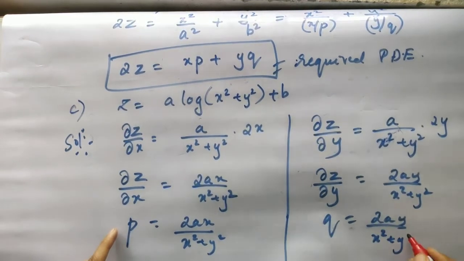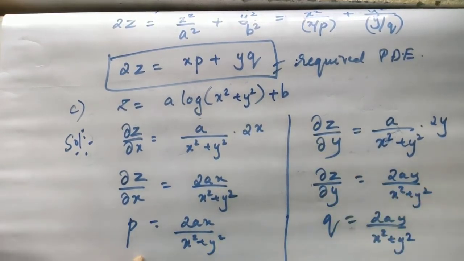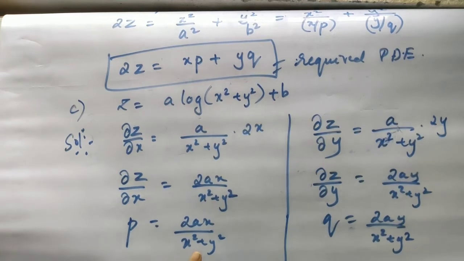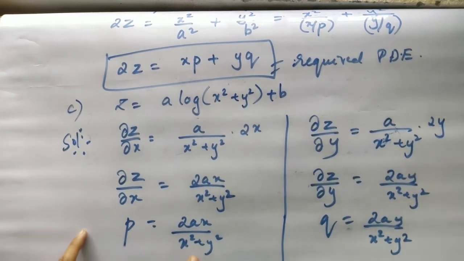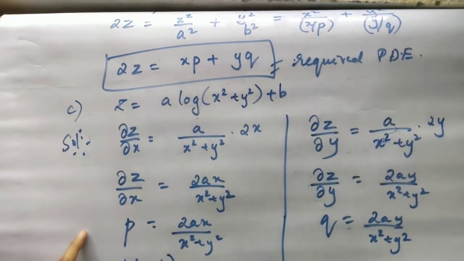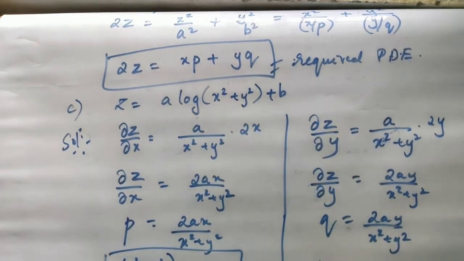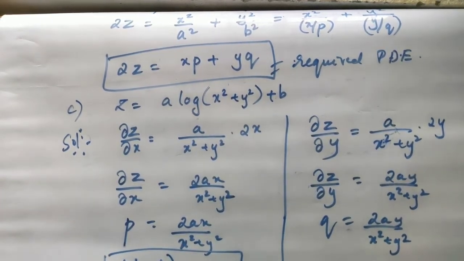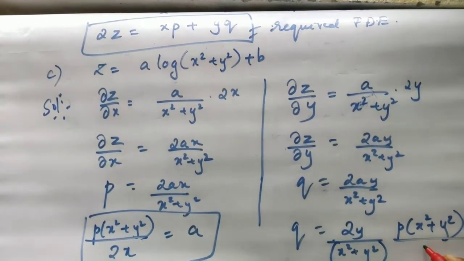So you have to eliminate a now. B is already eliminated. You have to just eliminate a. So for that, I'll take this to the left hand side. So p into x square plus y square divided by 2x is equal to a. Just see from this equation. This value of a I'll substitute here. So it will be q is equal to 2y divided by x square plus y square, and the value of a you have to substitute here, which is p into x square plus y square divided by 2x.